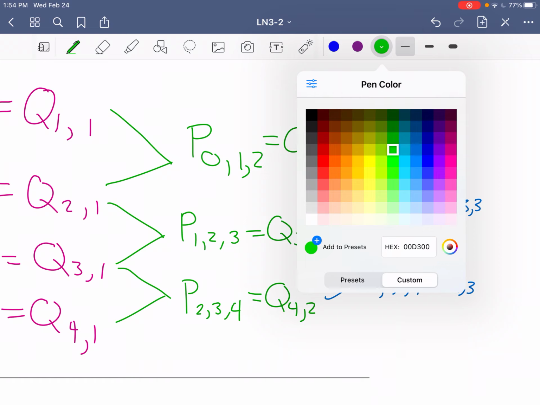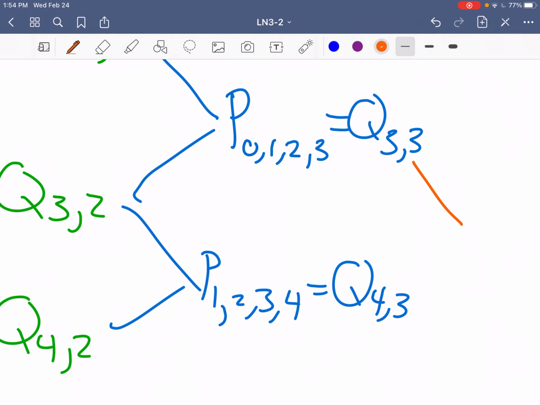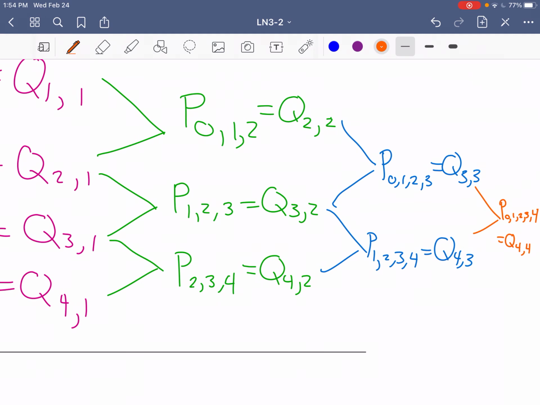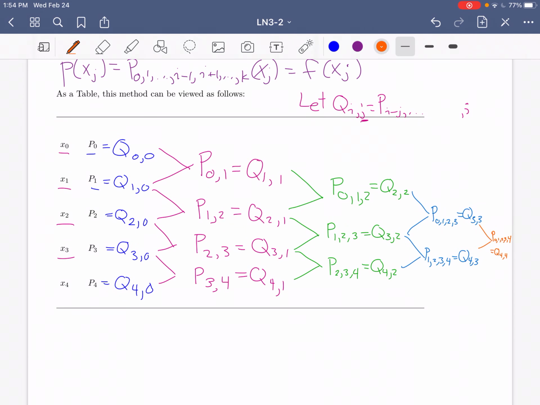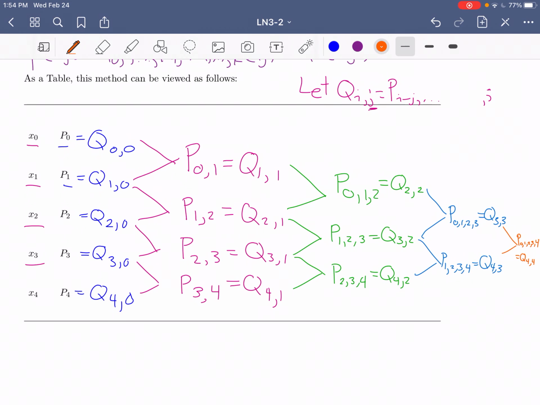And then we can finally combine these two. The Lagrange polynomial that has 0, 1, 2, 3, and 4 is Q4, 4. Ends at 4, starts at 0, starts 4 ahead of 4. So that's the polynomial. In our next video, we will take a look at an example of this.